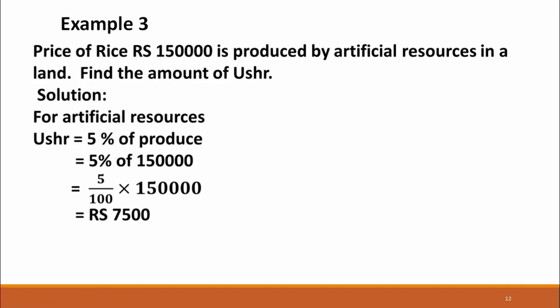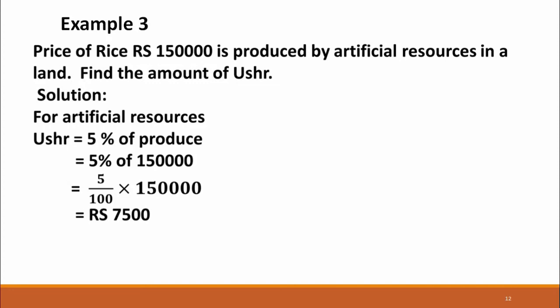To find the amount of Ushr. So dear student, this is a very simple question. You see here the amount of Ushr is 5%, because in this problem it is clear that the land is irrigated by artificial resources.